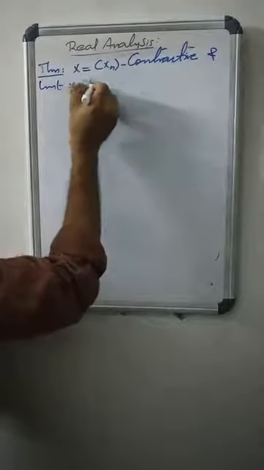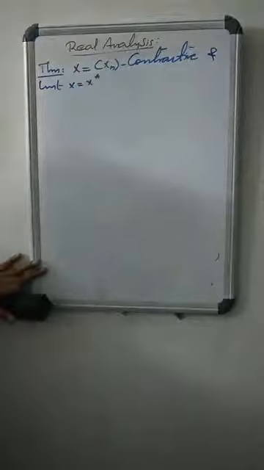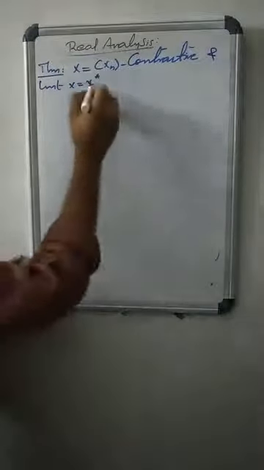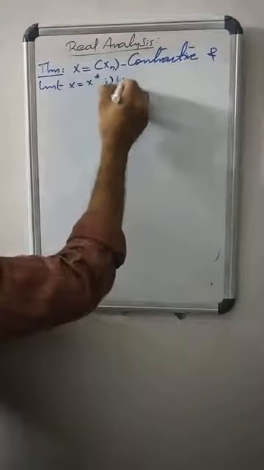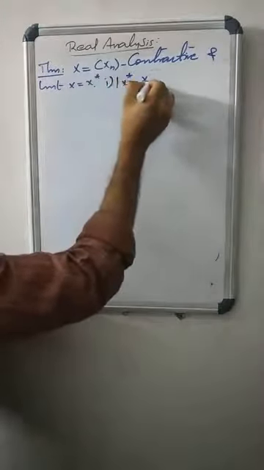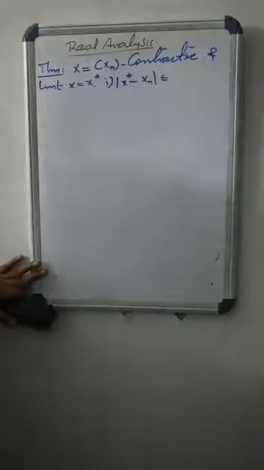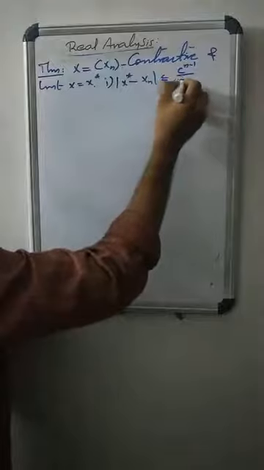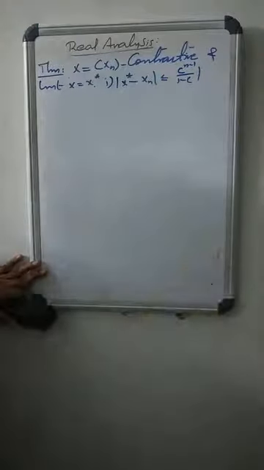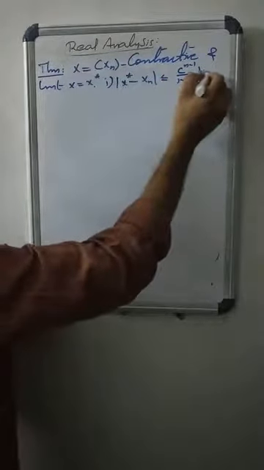Now there are two results. First one, modulus of x star minus xn less than or equal to c power n minus 1 by 1 minus c into modulus of x2 minus x1.